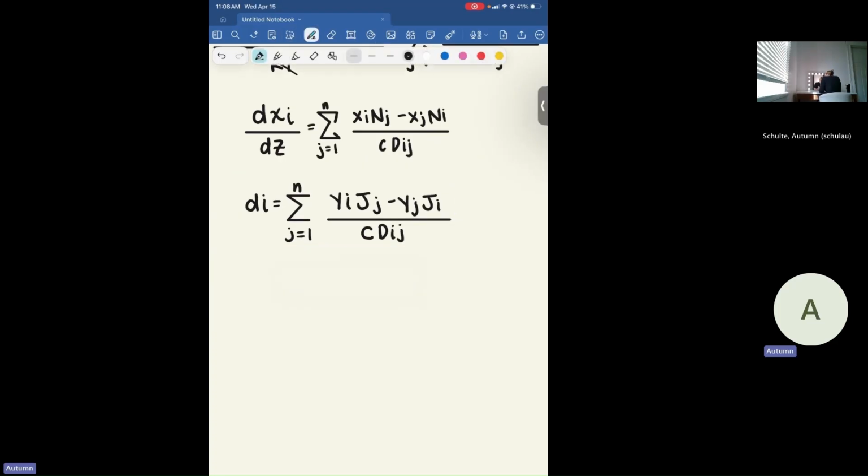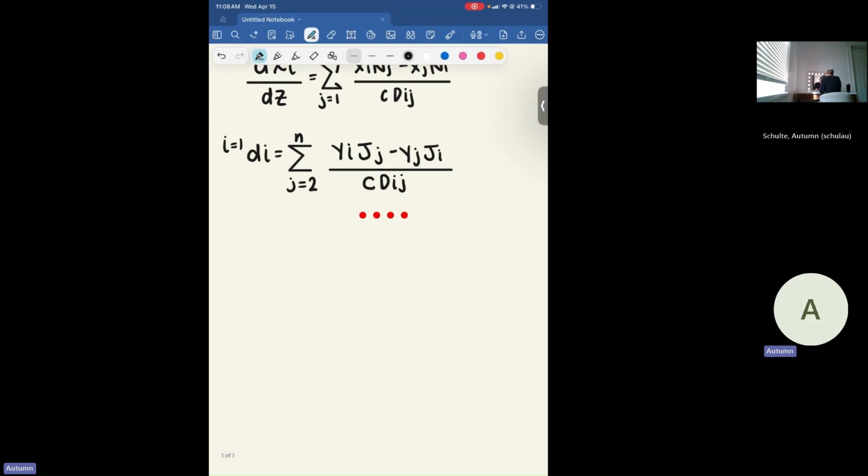And for this scenario, we are going to set i equal to 1, and our summation is going from j is equal to 2. Therefore, we need to include both our i equals 1, j equals 1 term and our i equals 1, j equals 2 term.